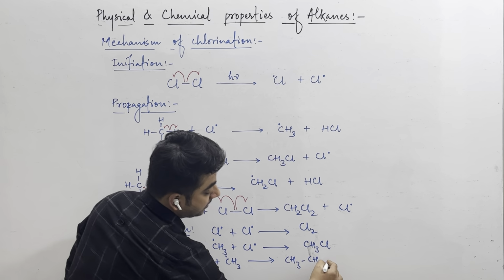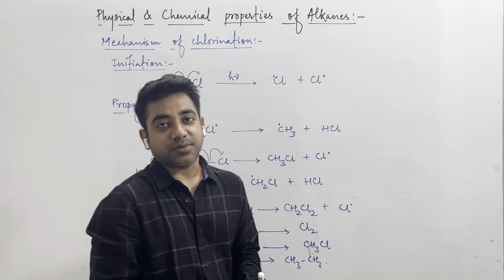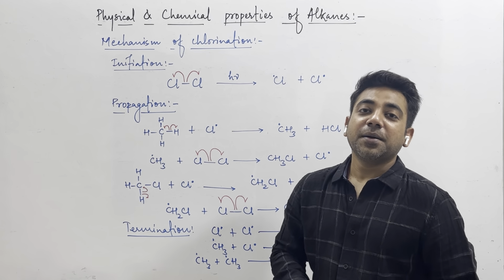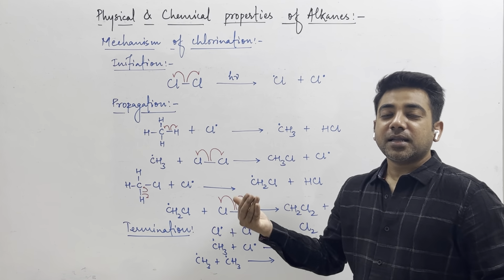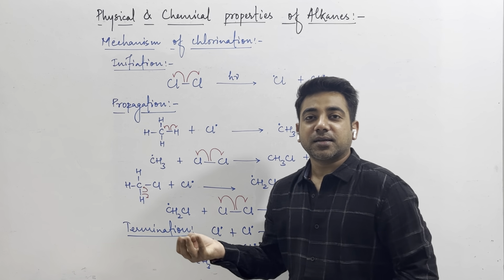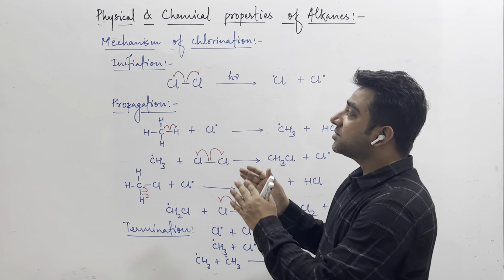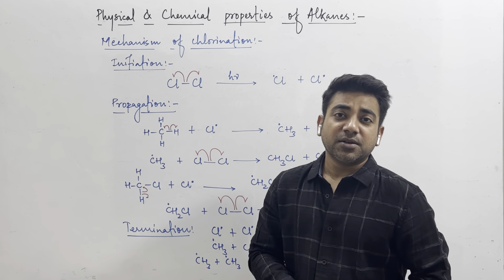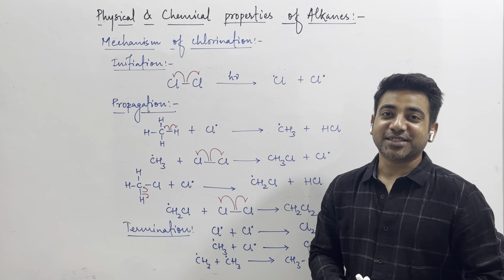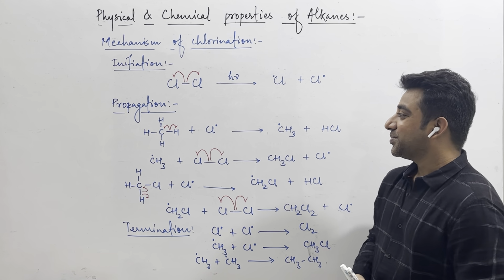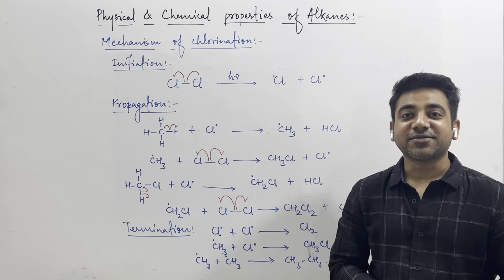Okay. So termination step is the one where all free radicals get used up. This explains the mechanism for chlorination reaction. And the other halogenation reactions like bromination and iodination will also be following the same kind of mechanism for this reaction. This is free radical chain reaction. Okay, so this is about the first reaction.